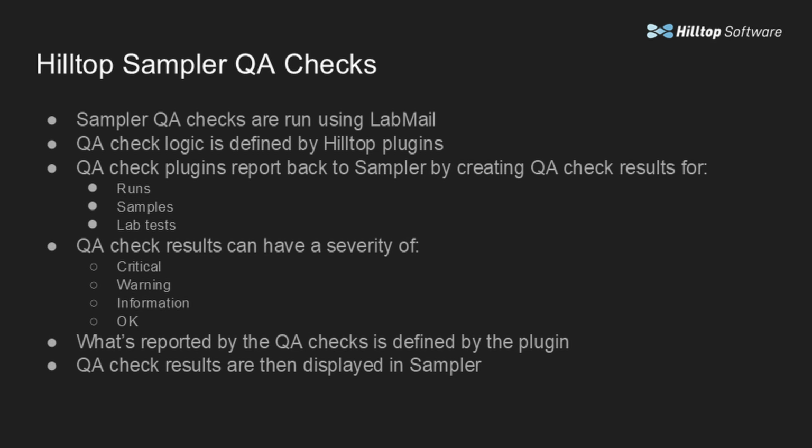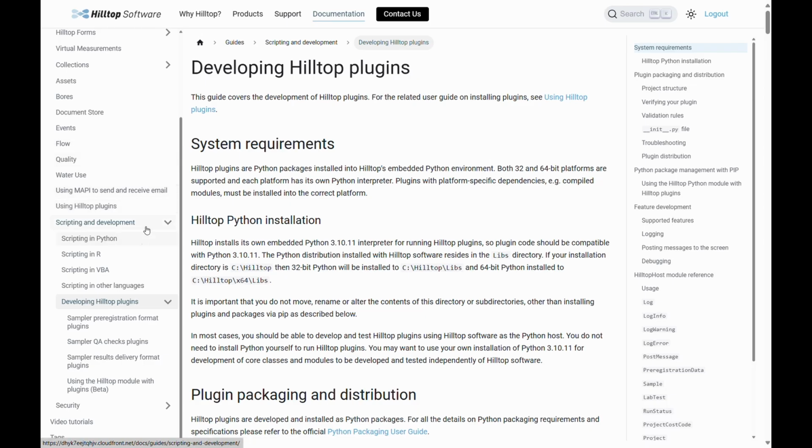The QA checks that run do not receive data for runs that are closed or cancelled. The rules that you run for your QA checks are developed using a Hilltop Python plugin. Today we're not going to be covering off how to develop a Python plugin for Hilltop, but there is documentation online. I'll point you to our guides under scripting and development for developing Hilltop plugins.